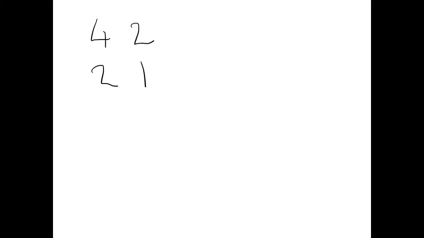Okay, the first thing we want to do is multiply the units together, which is very straightforward. 2 times 1 is 2. The next thing we're going to do is multiply each number's tens column with the opposite number's units column.